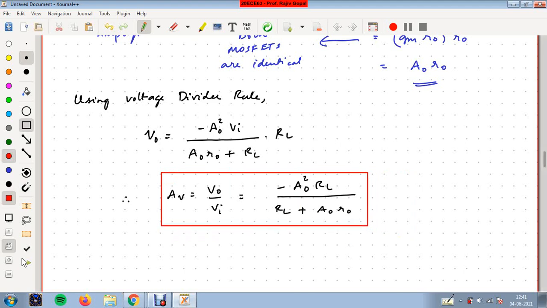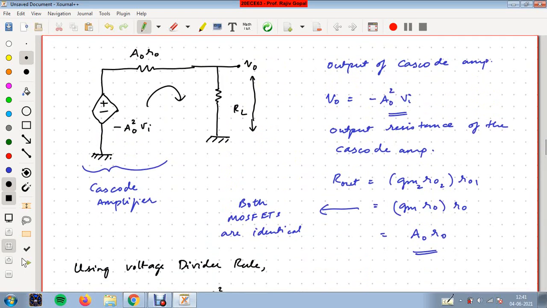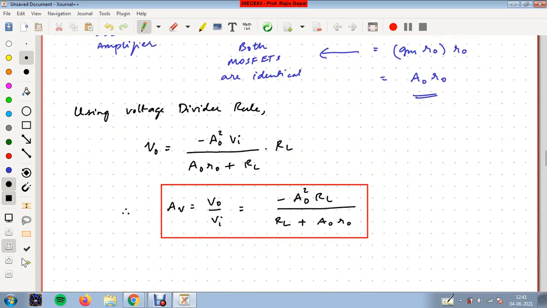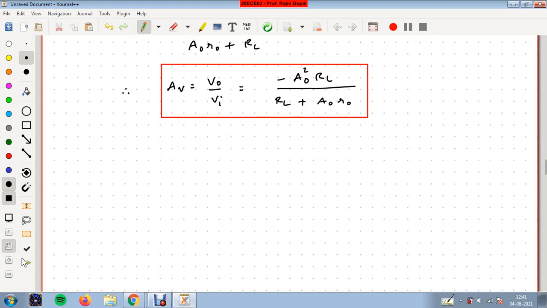The important part here is that you are assuming that both the MOSFETs you are using are identical MOSFETs. This is the overall gain of the amplifier, including RL, right?